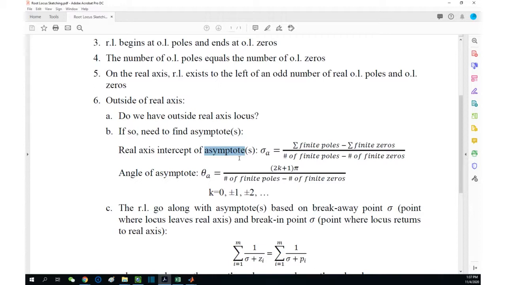So I gave you guys 2 minutes to find this asymptote and label it into your graph. All right, so 2 minutes.